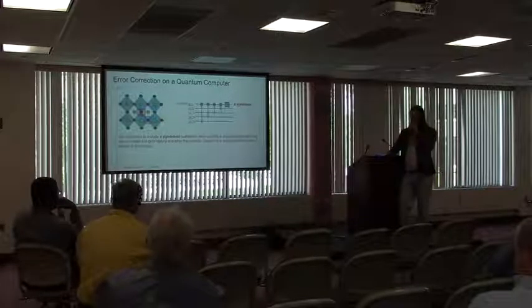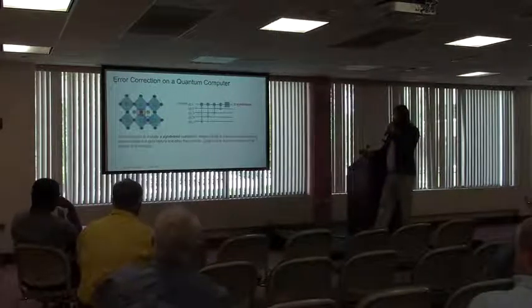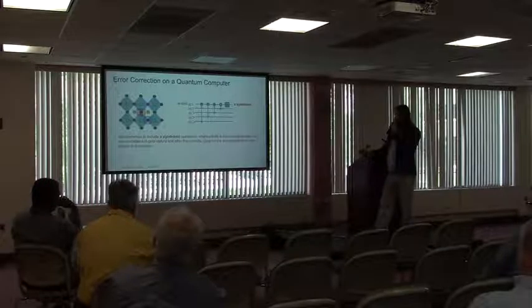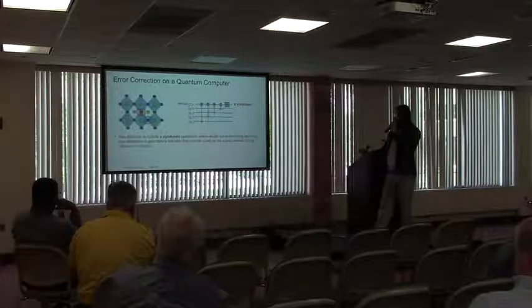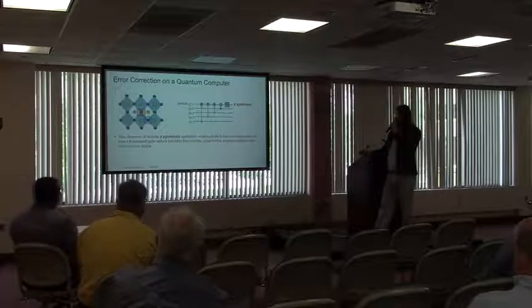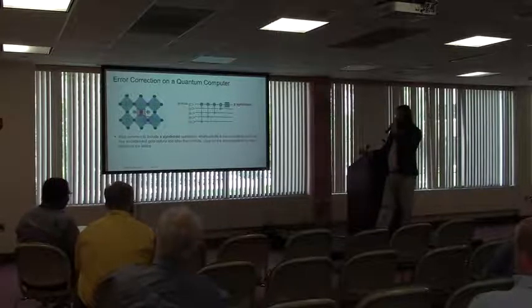error correction. And I tried to describe one way of doing this. There's going to be an ancilla qubit which is trying to measure the qubits that are in the vicinity.